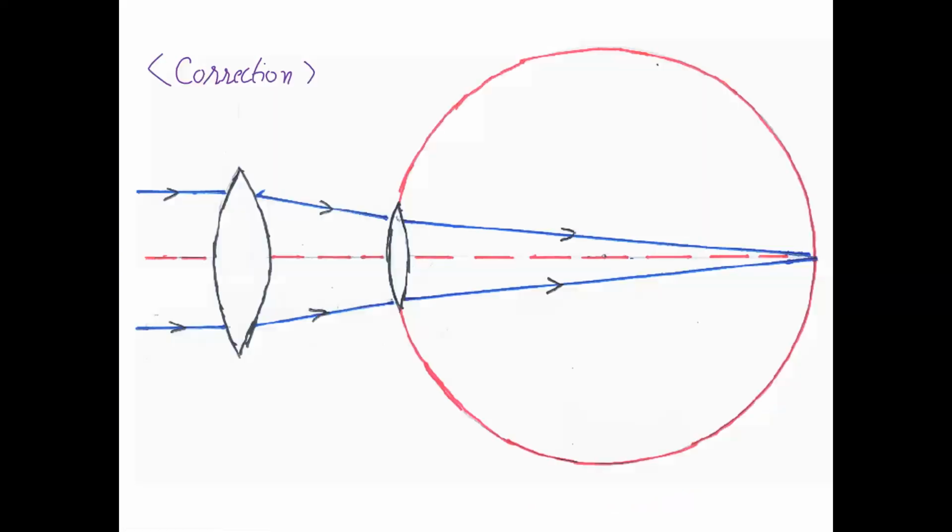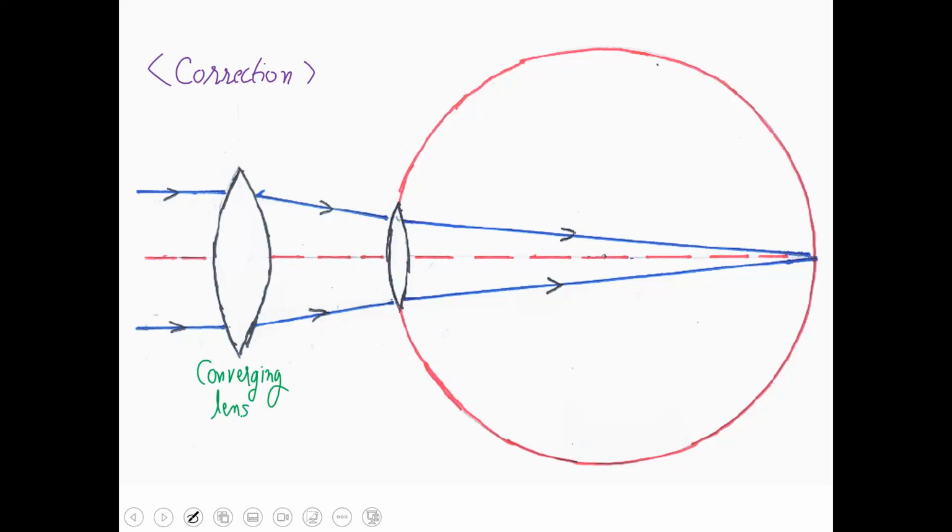Now, how do they correct it? In order to correct the problem, they put a converging lens in front of the human eye. They tell the person to wear glasses with a converging lens. This is a converging lens.